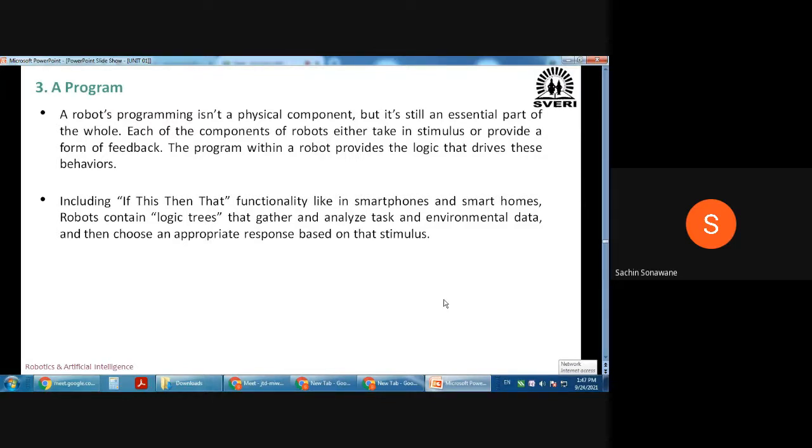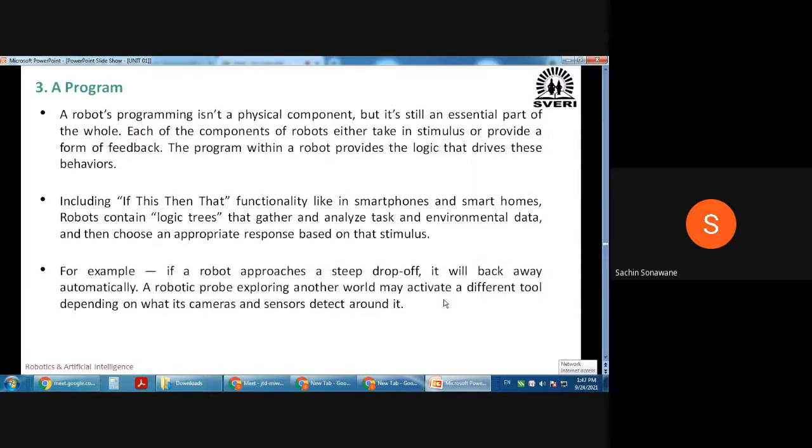Robots contain logic trees that gather and analyze tasks and environmental data and then choose an appropriate response based on that stimulus. For example, if a robot approaches a steep drop off, it will back away automatically. A robotic probe exploring another world may activate a different tool depending on what its cameras and sensors detect around it.